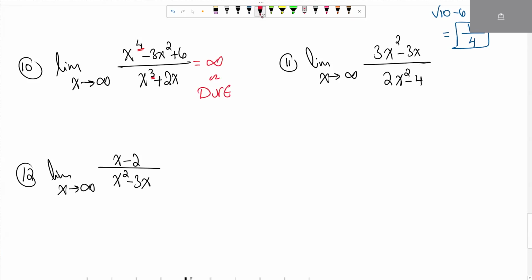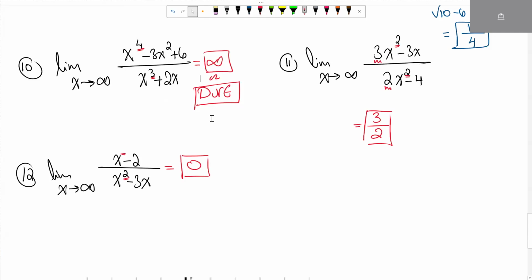But in number 11, for example, both powers are equal to each other, so we divide the coefficient by the coefficient, and the answer will be 3 over 2. In number 12, the power of the denominator is bigger than the numerator, and in this case, the answer is 0. And these are the 3 possible cases of infinity.